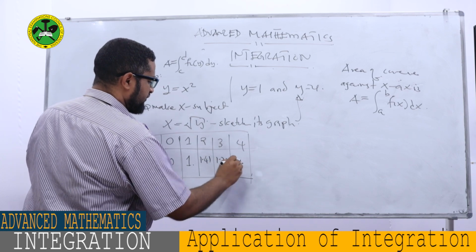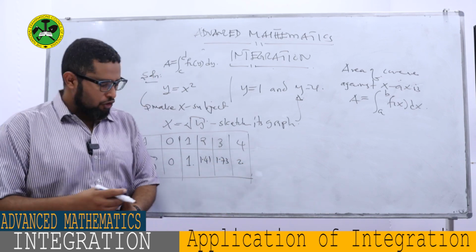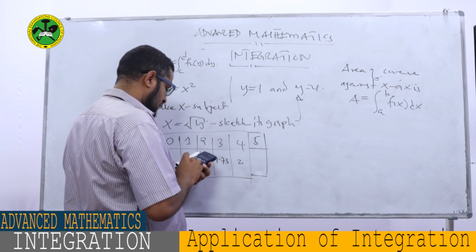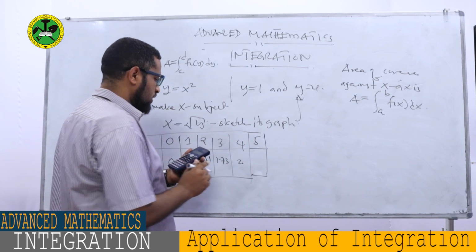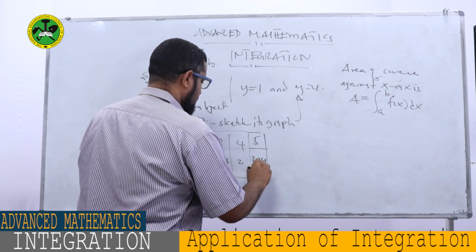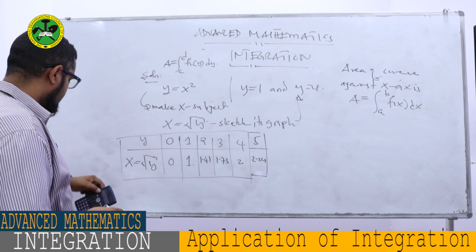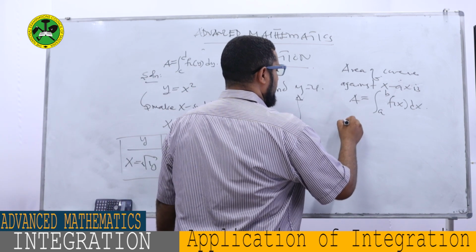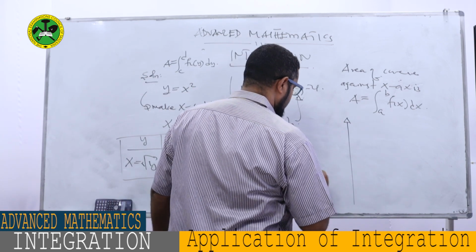The root of 4 is just 2. It's enough, or you can add the last one. Let's say 5. If we find the root of 5, we are going to get 2.24. Thereafter, now sketch the graph and see where the area is going to be seen.